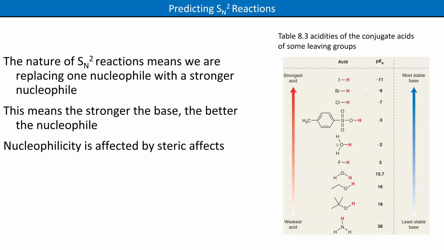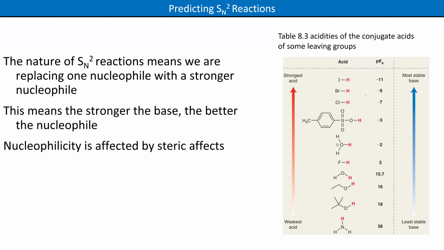All right. So the way these reactions work is we're gonna be replacing one nucleophile with a stronger nucleophile. Because if you have two different nucleophiles, one of them is gonna be better as a leaving group and one is better as a nucleophile. And so we can predict which side of a reaction is favored at equilibrium by just knowing what these pKa values are. So if you have bromide as your leaving group and hydroxide as your nucleophile, there's a huge jump.